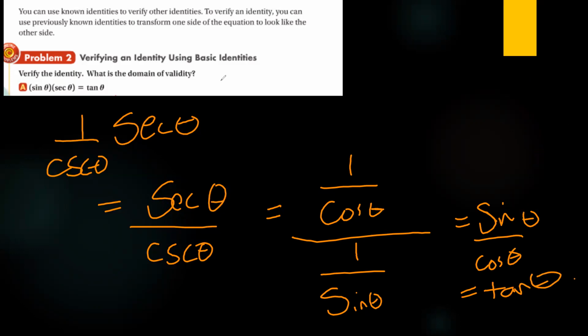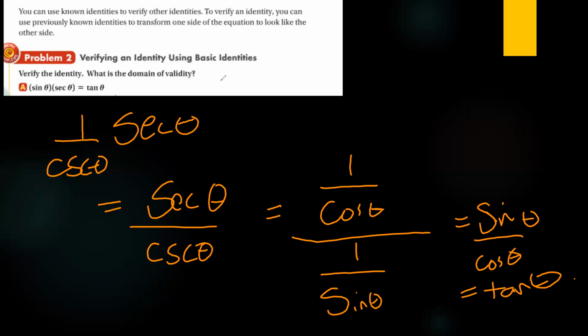So if you keep secant as it is and convert sine, you will verify that it's equal to tan. But here you have a long question, many steps to verify that sine times secant is tan.